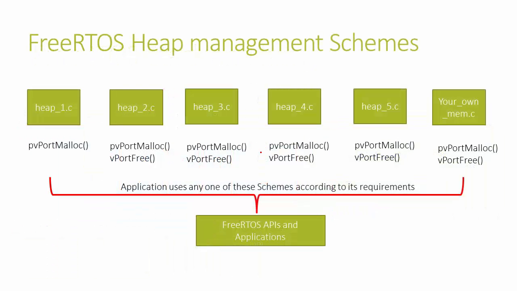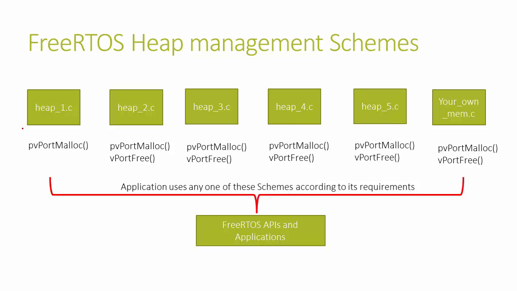In FreeRTOS, there are 5 different heap management implementations, which we call FreeRTOS heap management schemes. There are 5 different C files, and all these files implement different ways of managing the heap, or you can say these are 5 different algorithms, and each implementation has its own advantages and disadvantages.